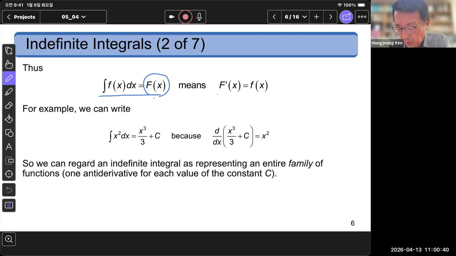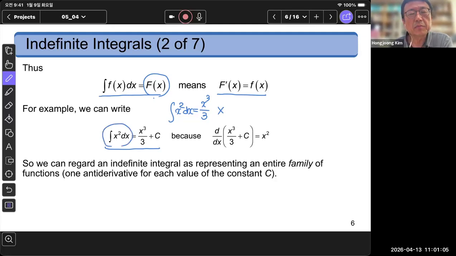So this means the derivative of F is f, and we use this notation. We do not use this expression because, as I said, when I use this antiderivative, it must represent the most general antiderivative, not a specific antiderivative.